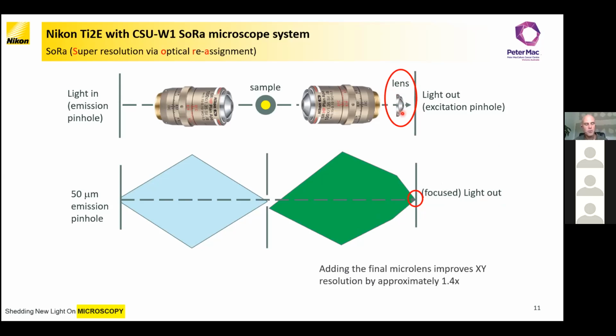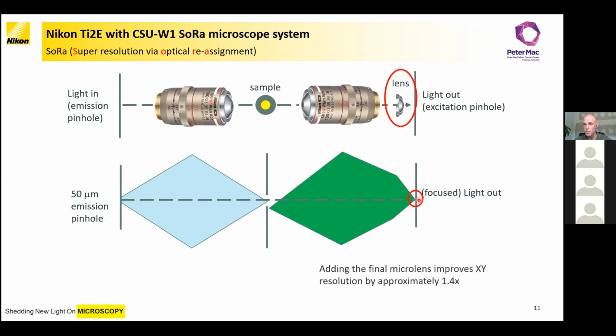They've inserted a micro lens before the light comes out of the sample at the emission pinhole again. What this in effect does is collect all of this slightly out of focus light and refocus it very close to optical perfection of the sample.